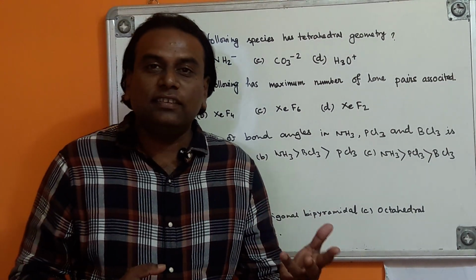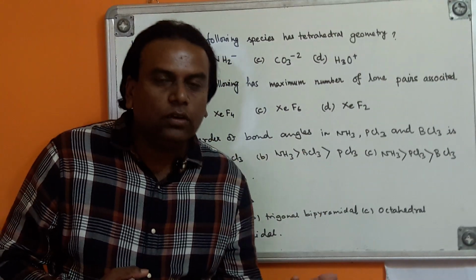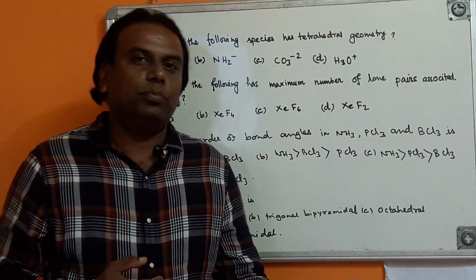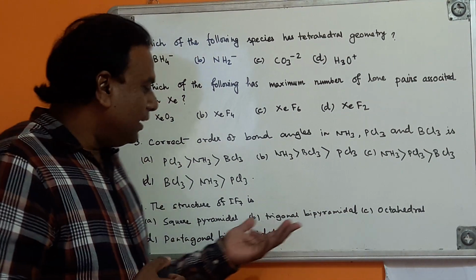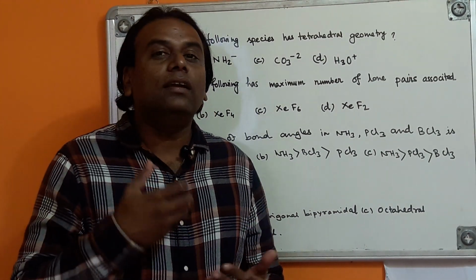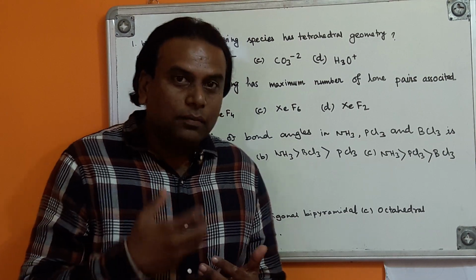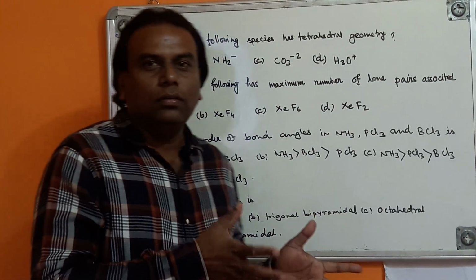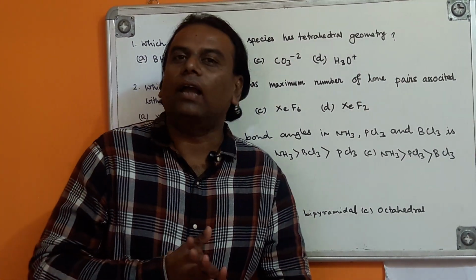If 6, then d2sp3 or sp3d2. If 7, then the hybridization is d3sp3. That means pentagonal bipyramid.